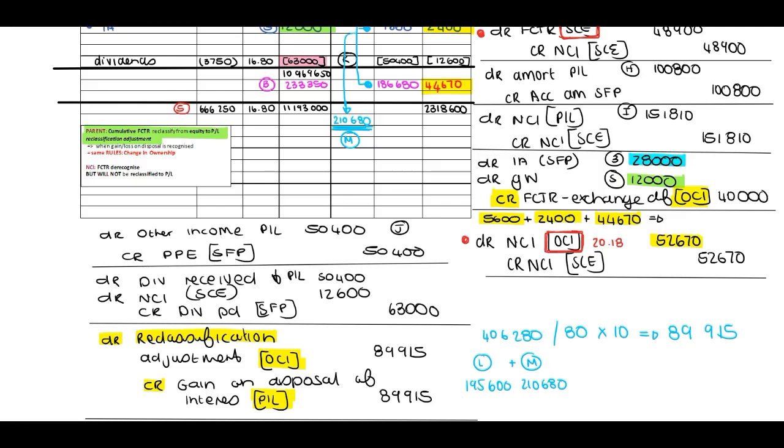Okay, so guys, if this was challenging, you can refer to Group Statements, Volume 2, Example 15.5, and this is on page 407. This is a very good comprehensive example in terms of disposal of foreign operations.